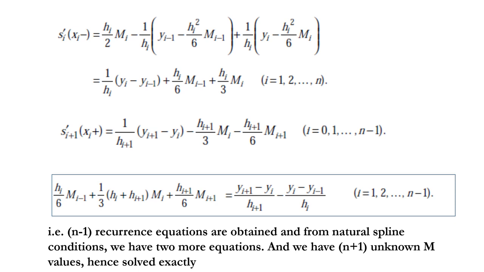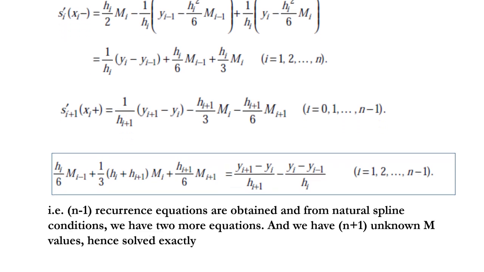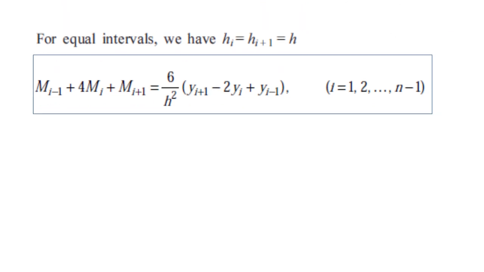To solve exactly, we need two more equations. Those equations we already found: the equation for the natural spline, m0 is equal to mn equal to 0.